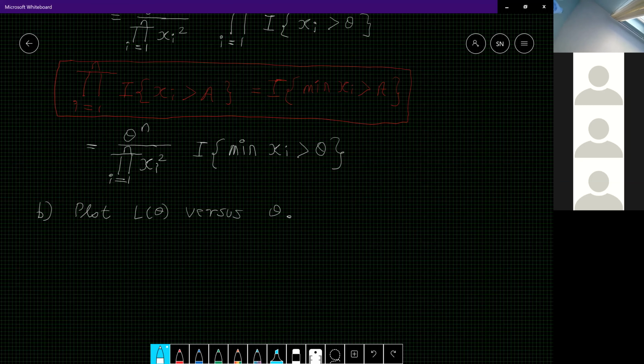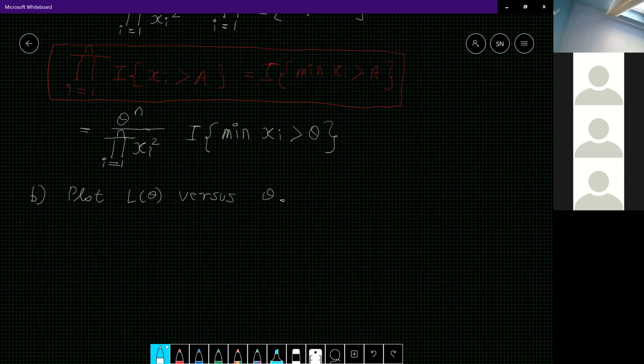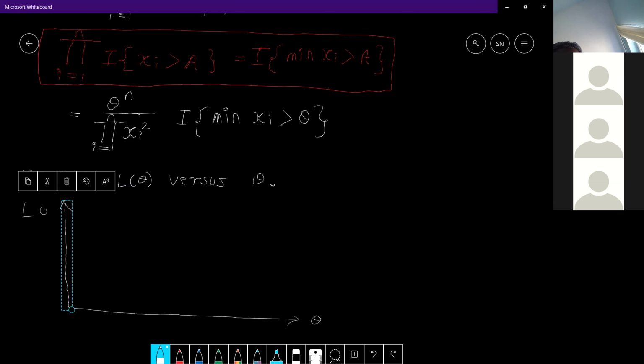If you plot this as a function of theta, these are things you must have learned in semester 1. So you should plot L of theta versus theta. Now, according to the indicator function, theta must be less than the minimum of xi.